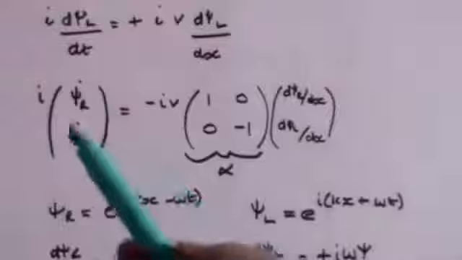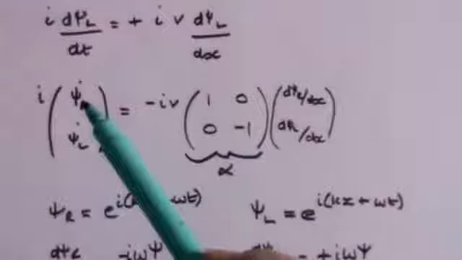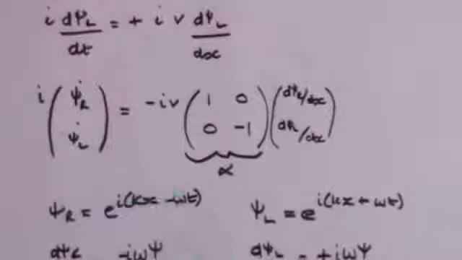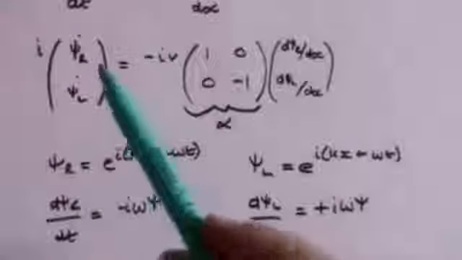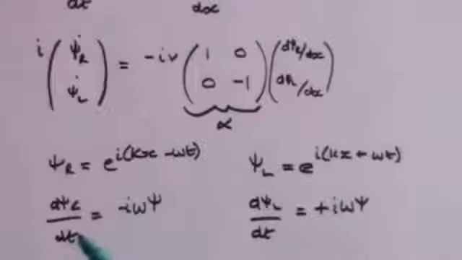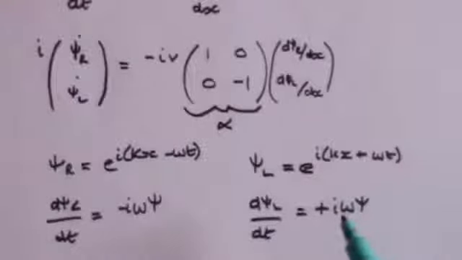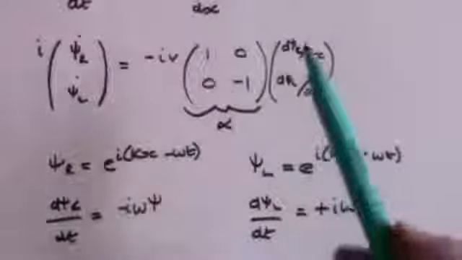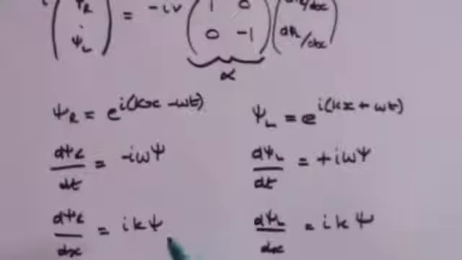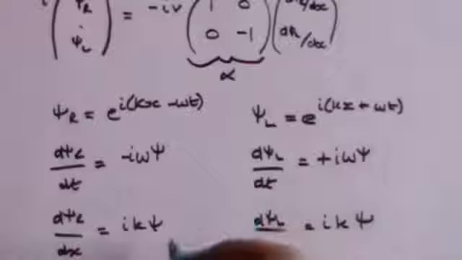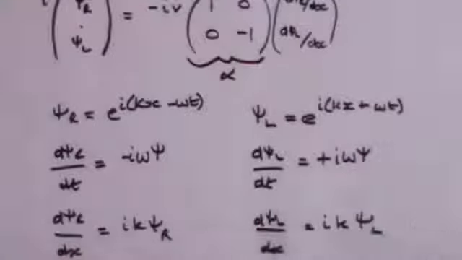And that means that in respect of this equation here, for the derivatives of psi right and psi left with respect to time, I can put minus i omega psi and plus i omega psi. And for these two terms, I can put ik psi and ik psi. This, of course, is psi right and this is psi left.